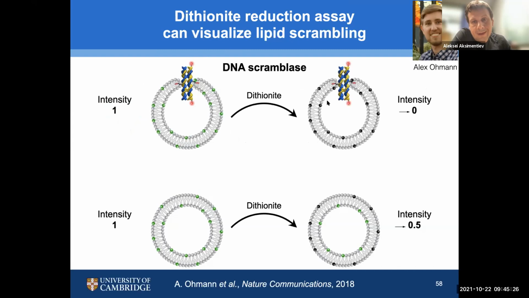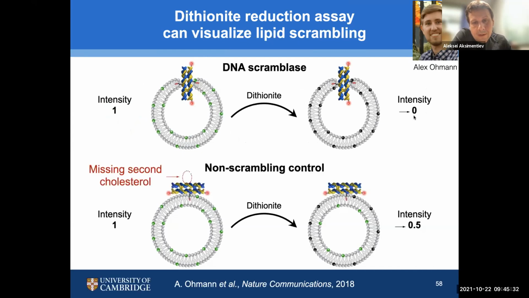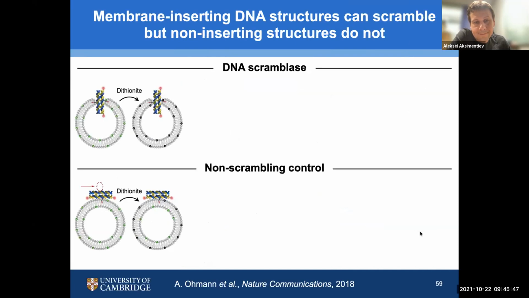This way, each of the lipids will have a chance to be exposed to dithionite, and intensity will go to 0. And then you can also have a non-scrambling control, where the DNA attaches to the bilayer but doesn't scramble because it doesn't penetrate the bilayer. In this case, you expect the intensity to go to 0.5.